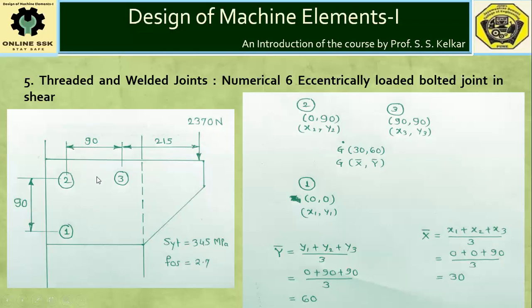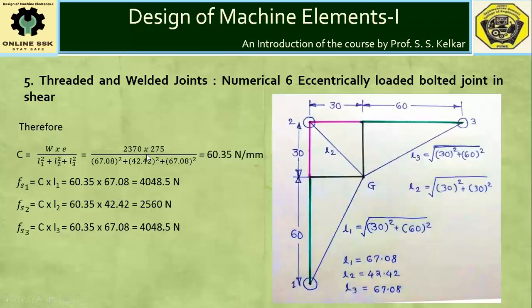Keep this in mind because we need the eccentricity, whose value is 275, later on while calculating C. Here, the center of gravity is at a distance of 60 from bolt number 3, and the line of action of the force is at a distance of 215 from bolt number 3. So the eccentricity, the distance between the CG and the line of action of the force, is 215 plus 60, that is 275.